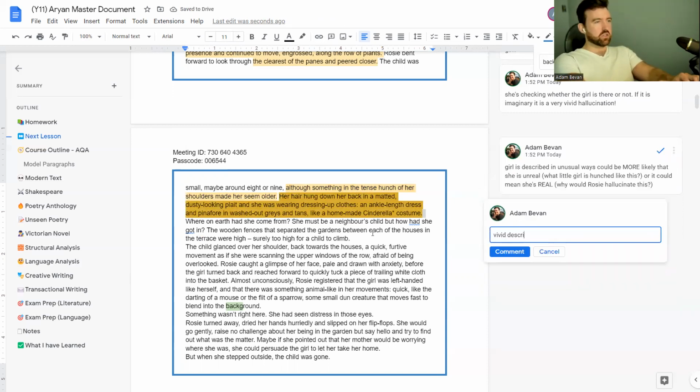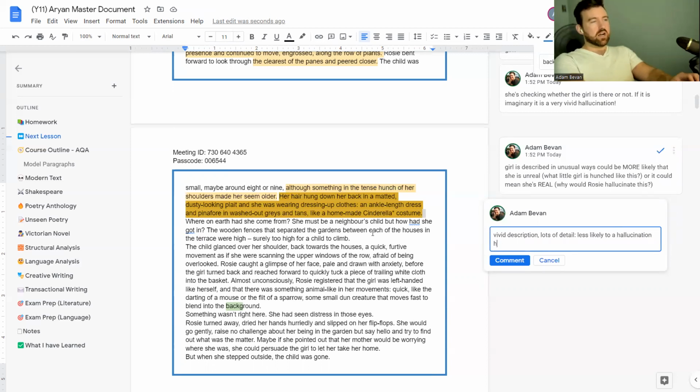Vivid description, lots of detail, less likely to be a hallucination, I think. Apart from, however, reference to Cinderella, which is a fairy tale, right? So the fact that she looks like a Cinderella thing maybe makes it more likely.